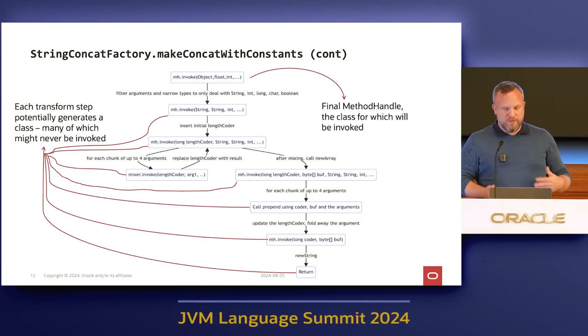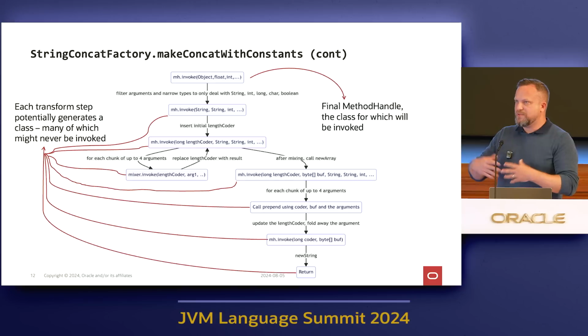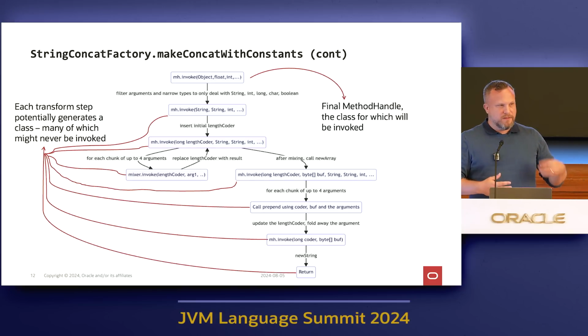We get a new backing class and such. So each transform step potentially generates a class, and when we have loops over many arguments, we might get tens or scores of classes being generated just for a single complex concatenation shape. And that's a little bit at the core of the startup footprint issues we've had in this space.